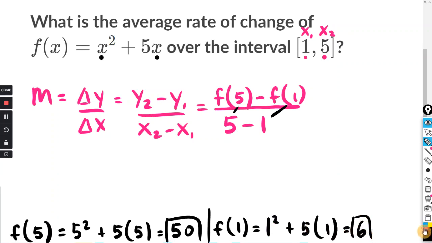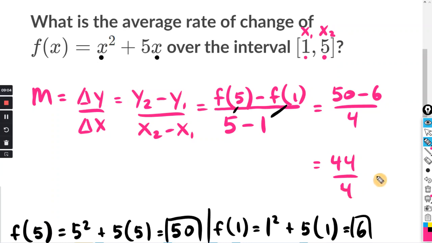All right, now we're in business. So f of 5 we said was 50 minus f of 1 we said was 6, and divided by 5 minus 1, that's 4. 50 minus 6 is 44, and divided by 4, that's 11.